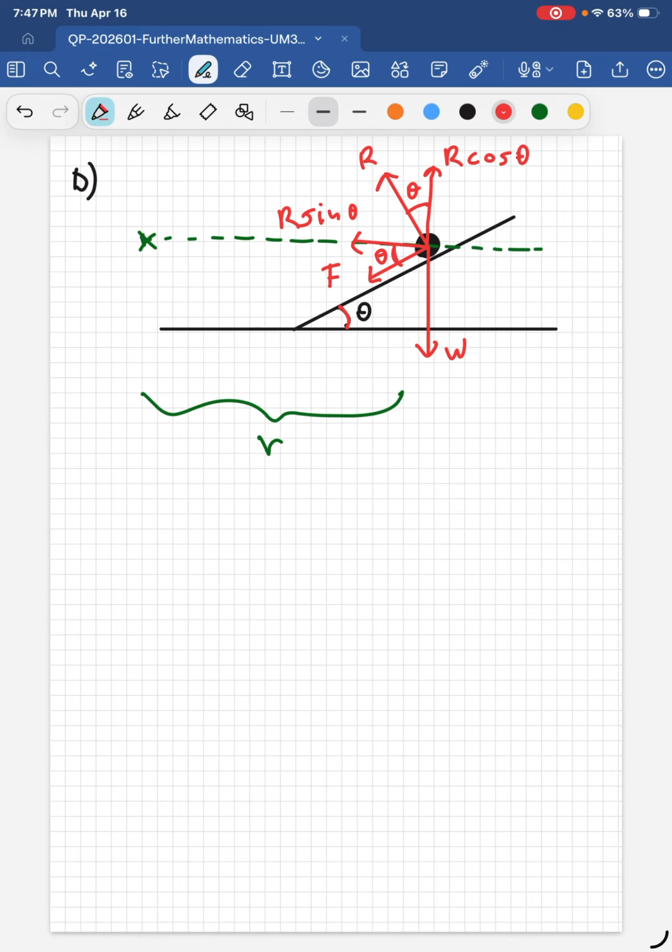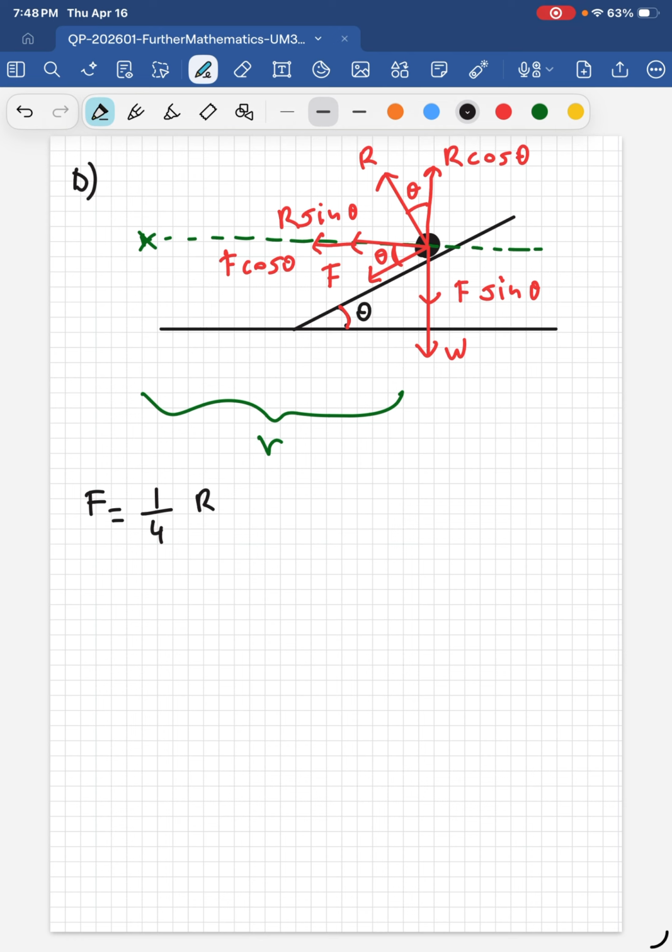So that angle is theta, therefore we have a component of the friction F sine theta in the same direction as the weight, and we have a component of the friction in the centripetal direction, so we have F cosine theta pointing towards the center of the track. So we are told that the friction is 1/4 of the reaction force, pretty much, right?